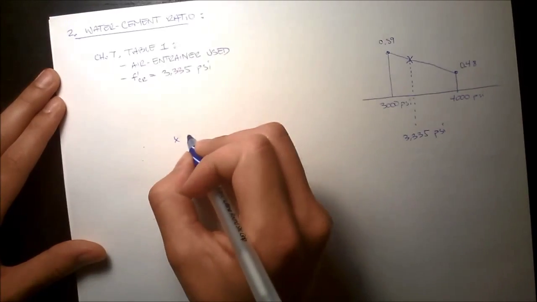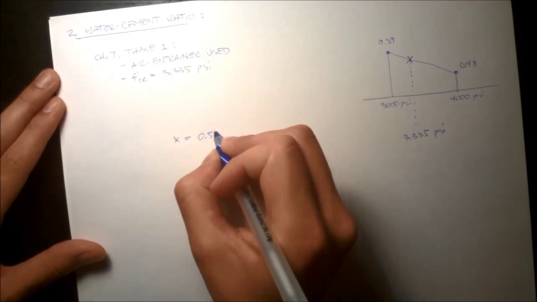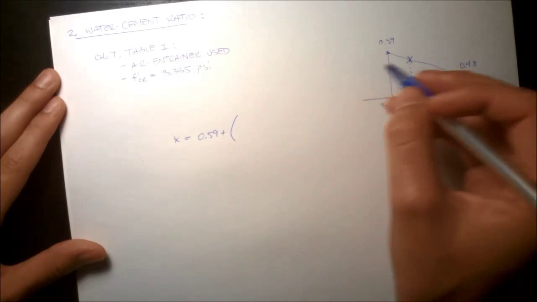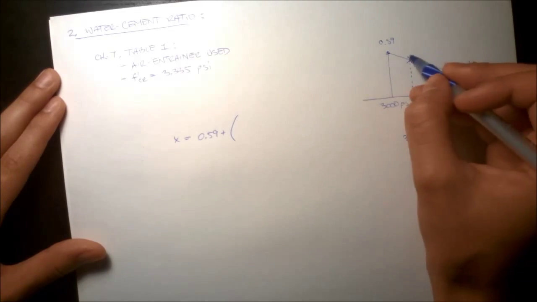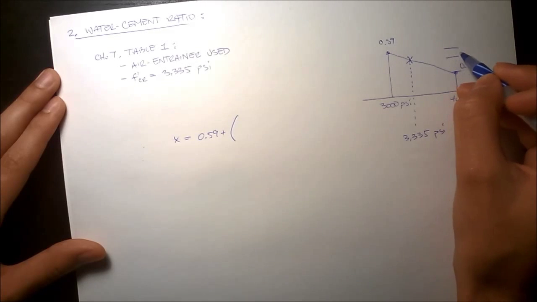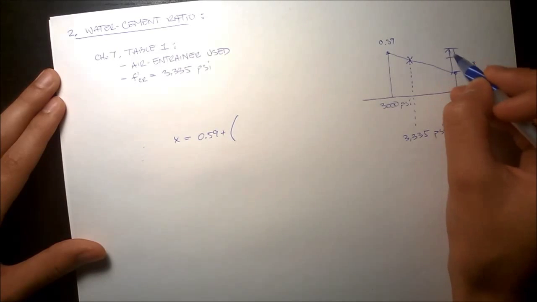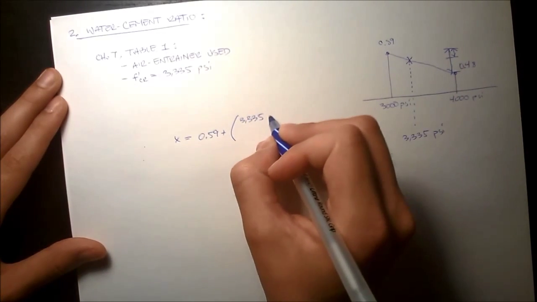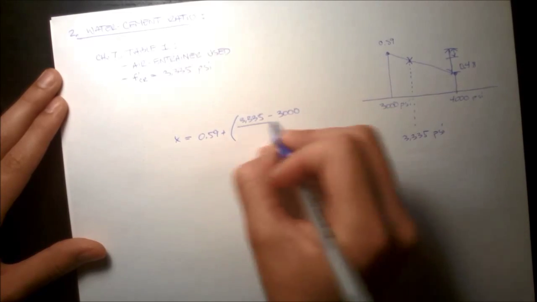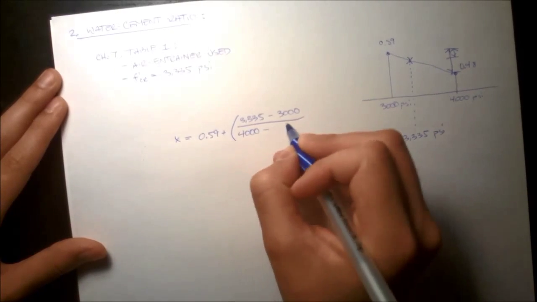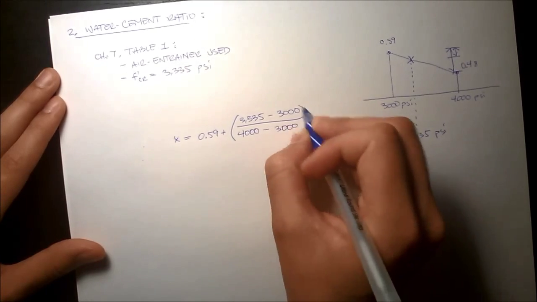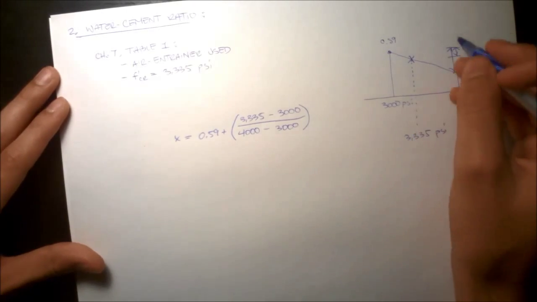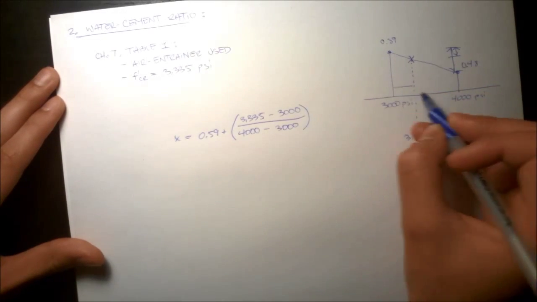The value we want is equal to 0.59 plus the ratio of 3,335 minus 3,000 psi over 4,000 minus 3,000, multiplied by the distance between these two water-cement ratios, 0.59 minus 0.48.